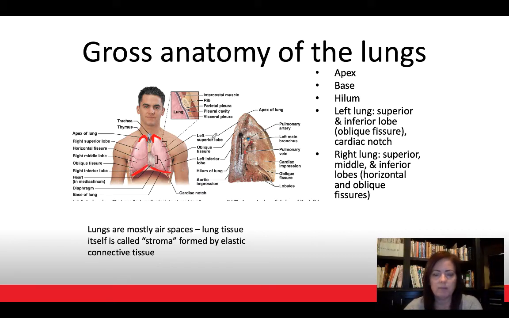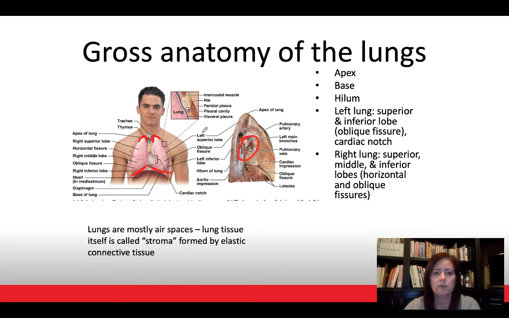The hilum of the lung: if you take the lungs and turn them so that you can see the medial aspect, we're going to see this area through here where we've got vessels that come in and out. Like the primary bronchus, as it comes down and splits and enters the lung. We've got bronchial arteries and veins, and pulmonary arteries and veins. All of those structures are condensed in this little area, and that's called the hilum.